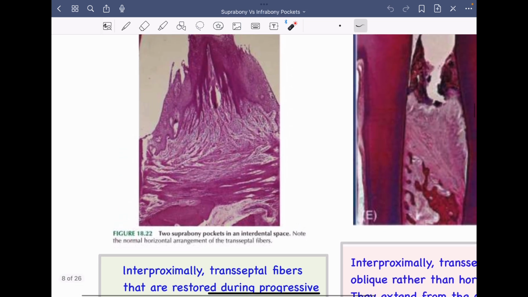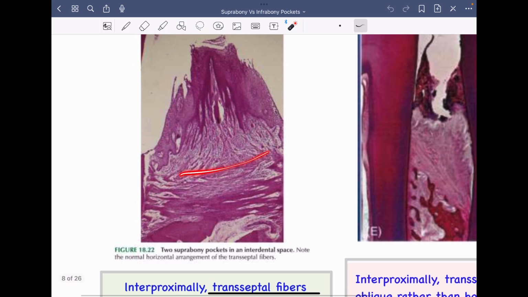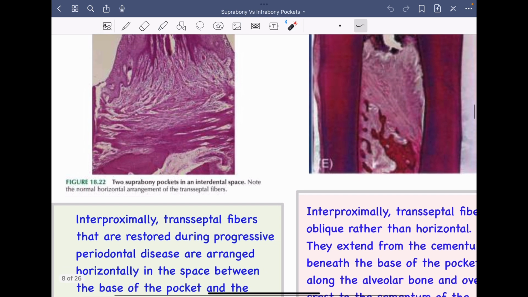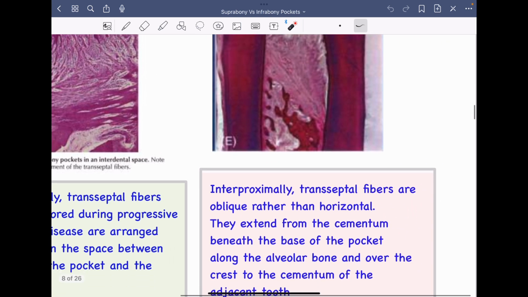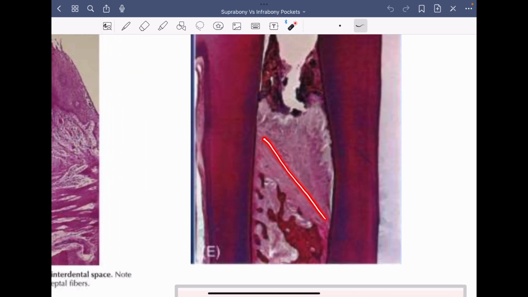So this is a section depicting two suprabony pockets along with the horizontal fibers which are present. And here in case of intrabony pockets, the transseptal fibers are arranged in an oblique fashion, and not in horizontal fashion.